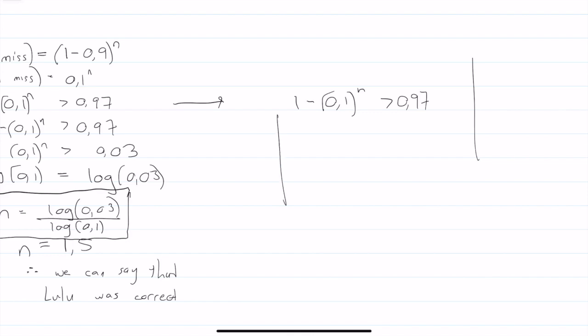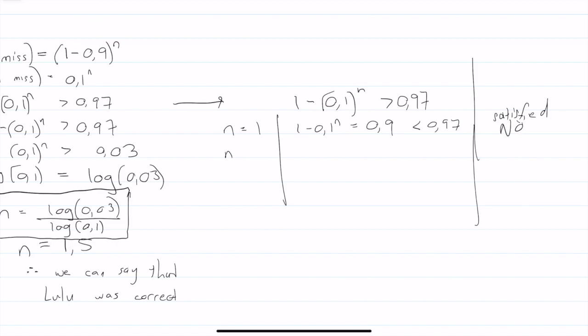So we let n equals 1. The left-hand side is 1 minus 0.1 to the n, which is equal to 0.9. 0.9 is less than 0.97. So is this satisfied? No.